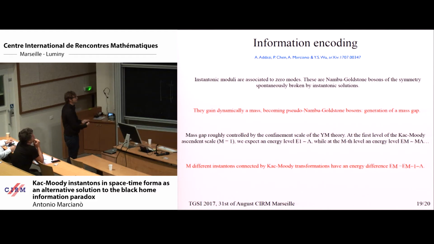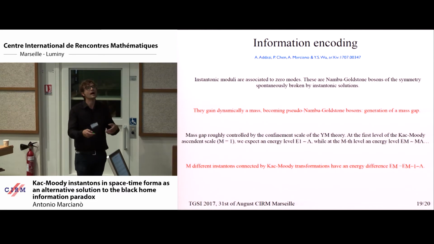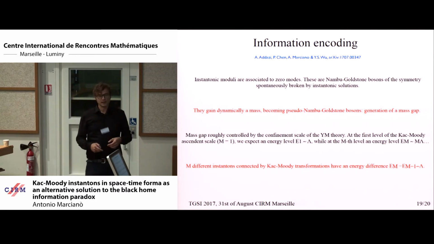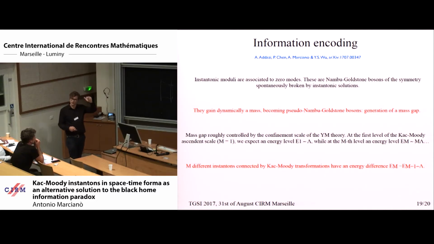So at the level of energies, for instance in the series of descendants, if you consider m equal 1 and m equal 2, or m and m minus 1, the difference, which has to do with the excitation of the energy level that you can have in this scenario, is proportional to the energy scale of your theory. So, for instance, for QCD, this would be 200 MeV.